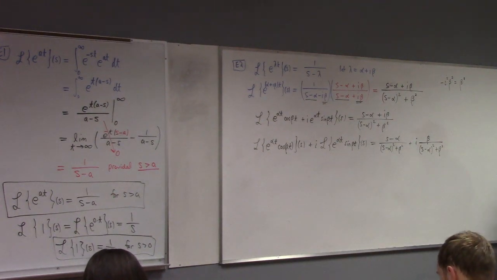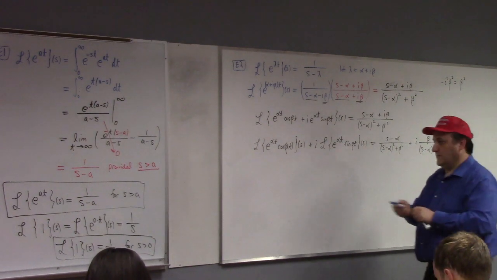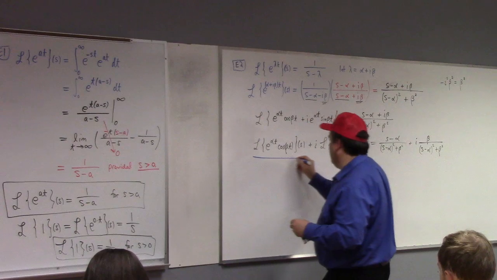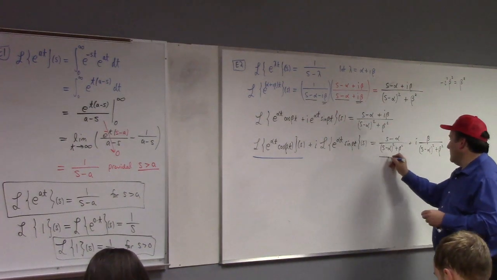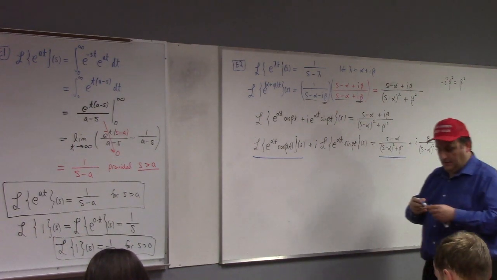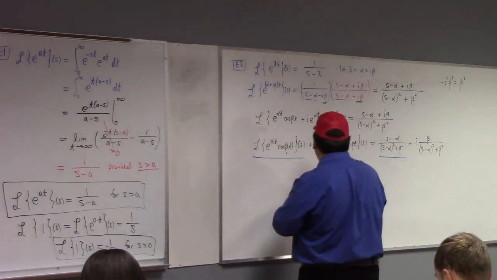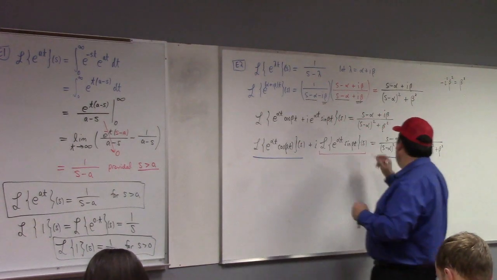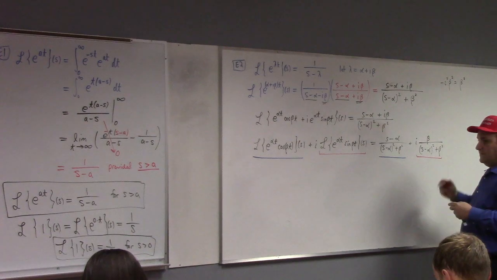All right? Now the reason I wrote it out like this is to make it plainly obvious that we can equate the real part right here with the real part over here, and we can equate the imaginary part right here with the imaginary part right here.